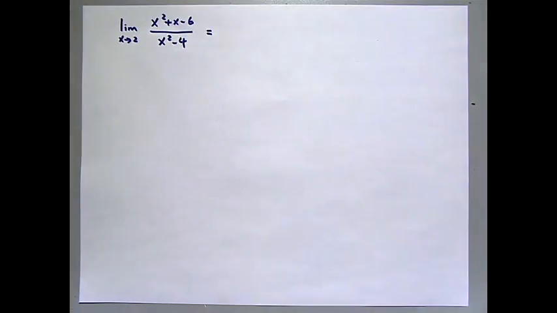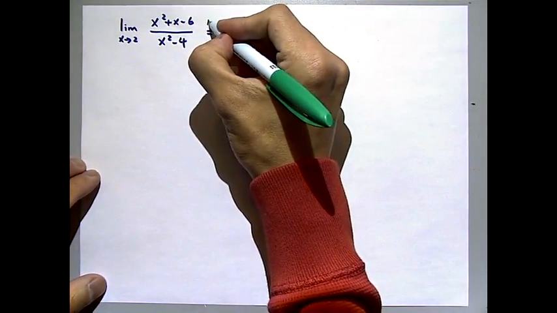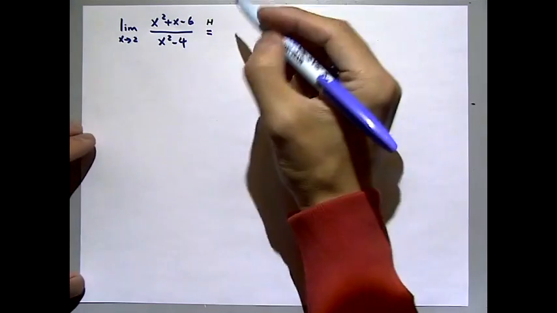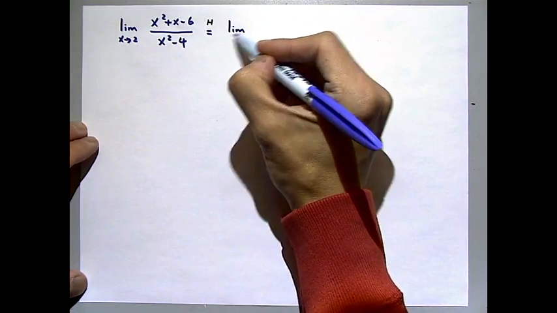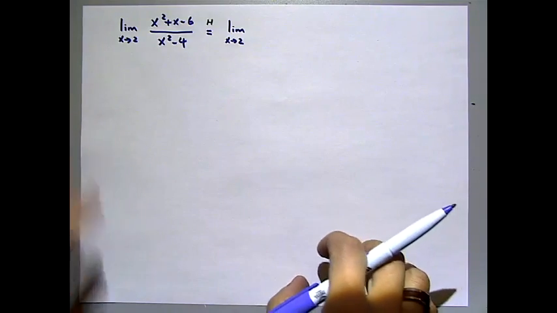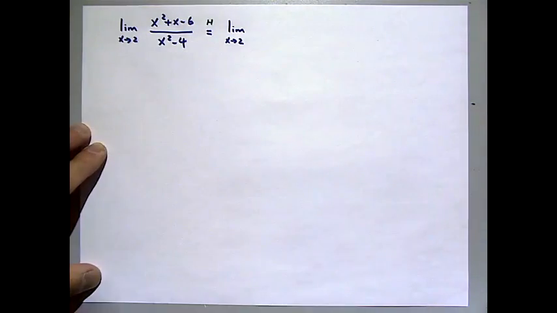Now in class, whenever I use L'Hopital's rule, I'm going to put a little h on top of the equal sign. That just means that going from here to here, I apply L'Hopital's rule. The book does the same thing, and I think it's good to show what happened there. So that h means we apply the rule.